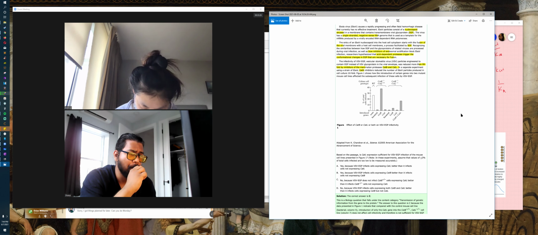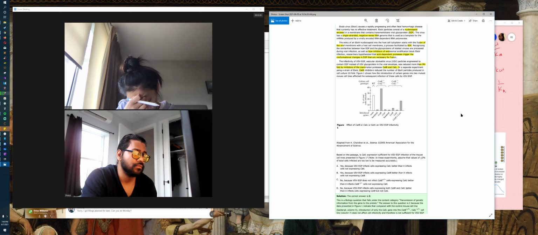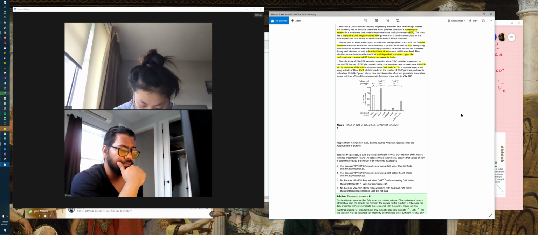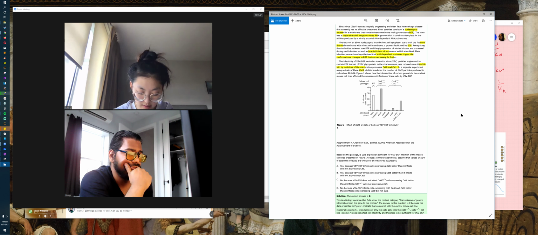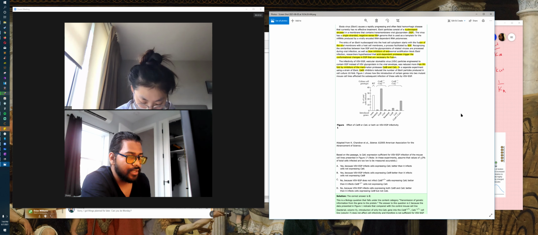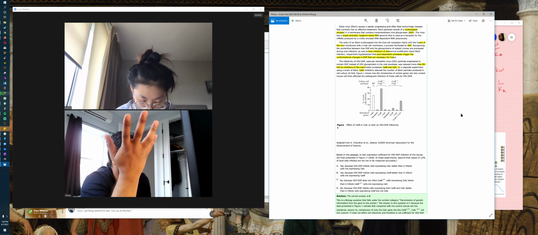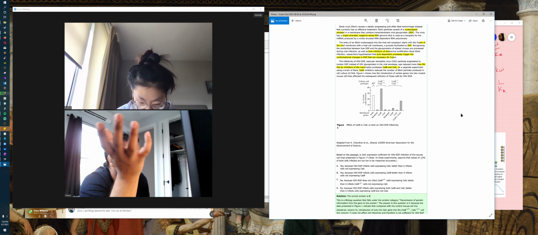D is wrong because both cat B and cat L doesn't express it better than cat B. It says infect cells expressing both better than it expresses cat B but not cat L, which means that cat B and cat L work just as well as just cat L.